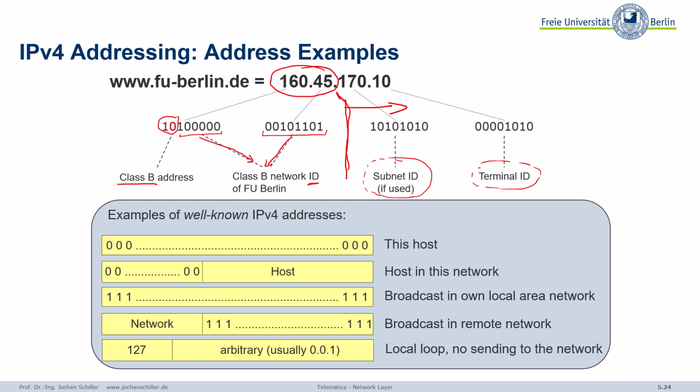There are some special, well-known IP addresses, for this host, the network, broadcast, local loop. These are some special examples. And that was the way in the 80s, in the 90s, and still in the early 2000s; we'll come back to the problems.